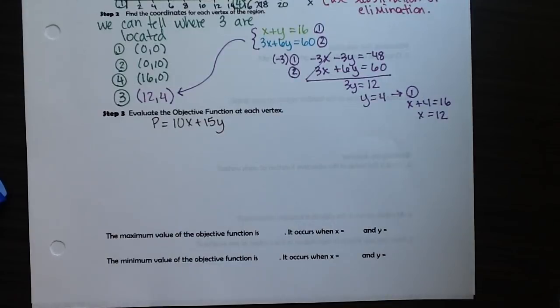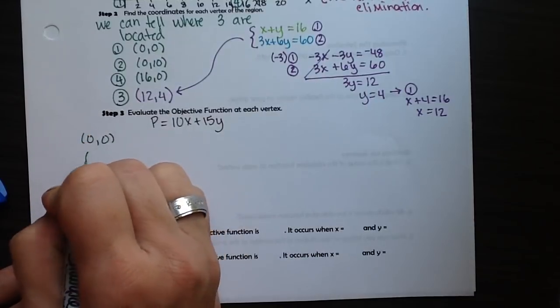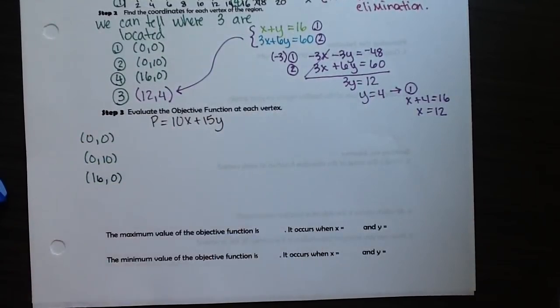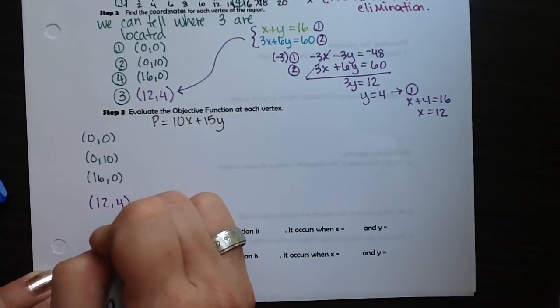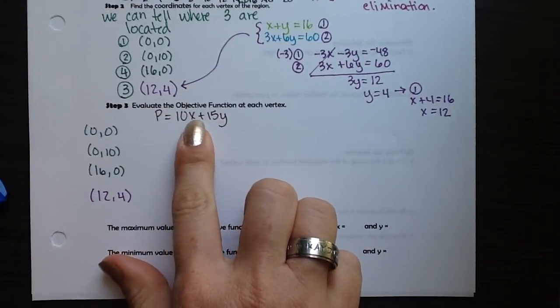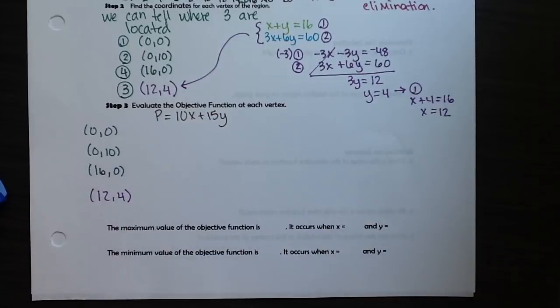And what we do to evaluate the objective function is, for each vertex, so for (0, 0), (0, 10), (16, 0), and that last one we found, (12, 4), we're going to substitute in the x value to the x spot and the y value to the y spot, and we're going to work it all the way to the end.